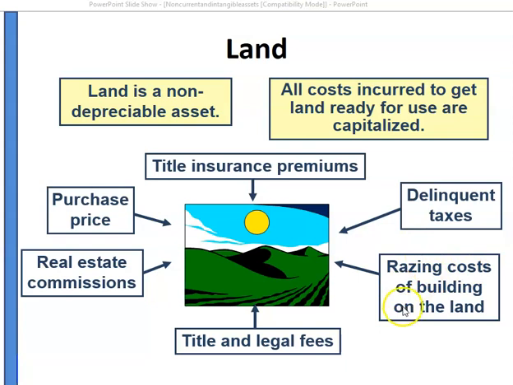Razing costs of a building on the land, that just means if we have an old barn that long ago should have been removed, and we're going to do that now so that we can use the land for our purposes, we actually include those costs in the land. And then title and legal fees. Okay, so all of these are costs that can be added to the basis. Well, they are added to the basis of land, and then again, land is not depreciated. We're going to talk about depreciation and exactly what that means here in a moment.